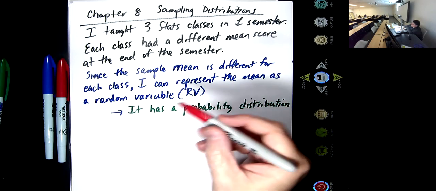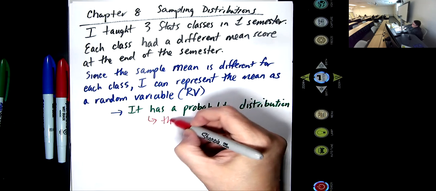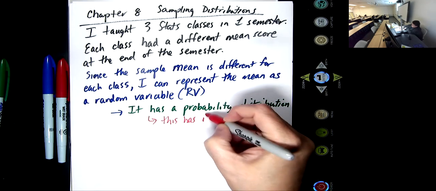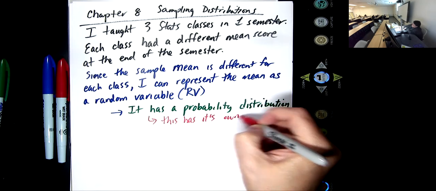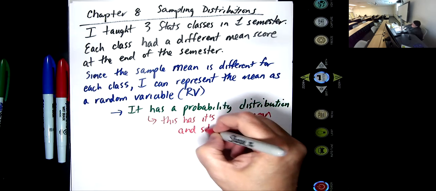And probability distributions have their own mean. So this has its own mean, and standard deviation.